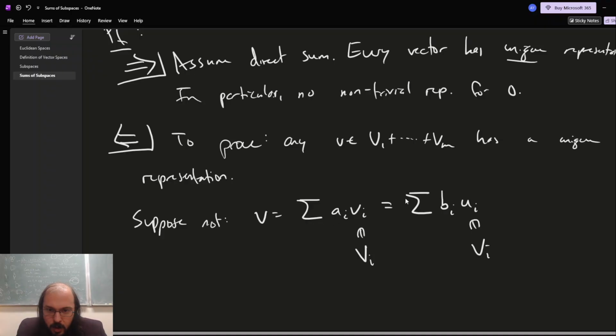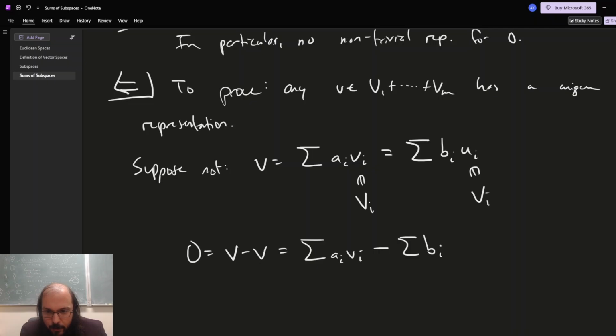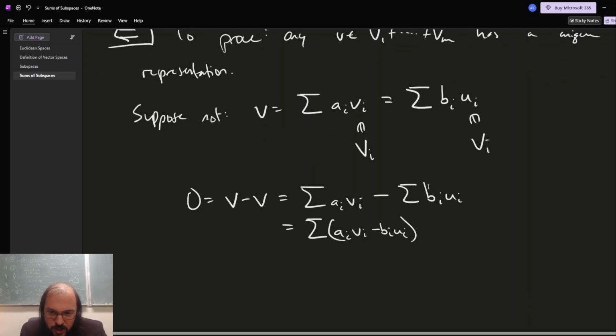That's all I know. What I can do is then write 0 equals v minus v equals add up the v_i's minus what you get when you add up the u_i's. And so what this gets me is actually a sum of the form a_i v_i minus b_i u_i. In other words, I'm just regrouping all these together because each of these things lives in V_i.